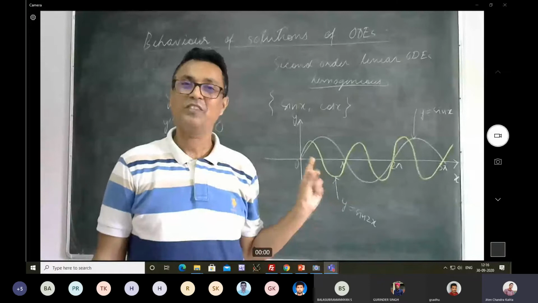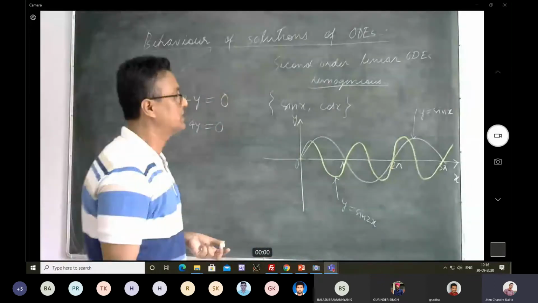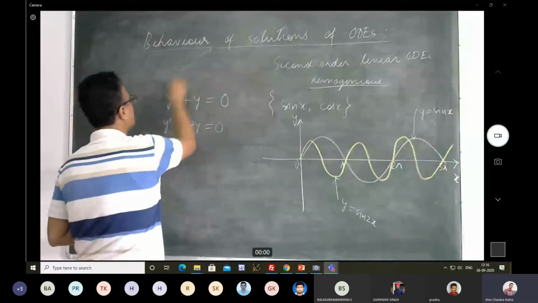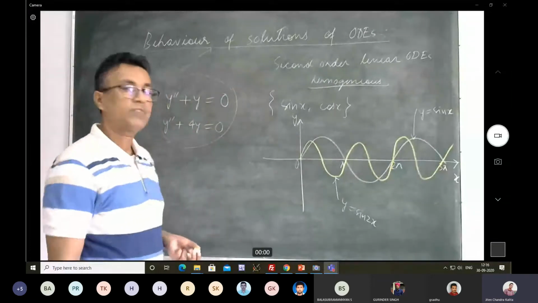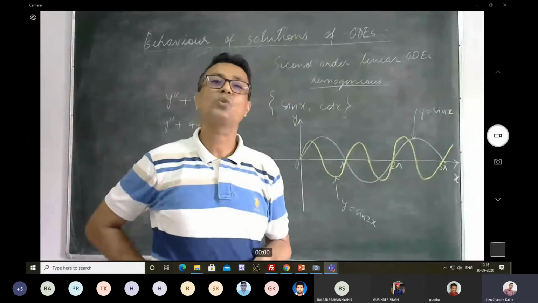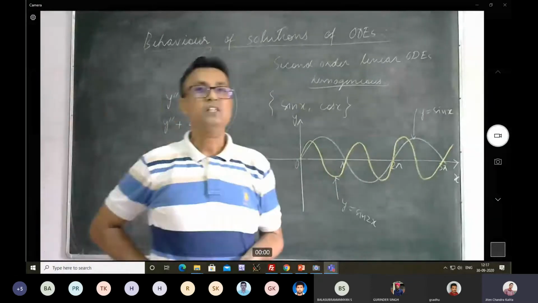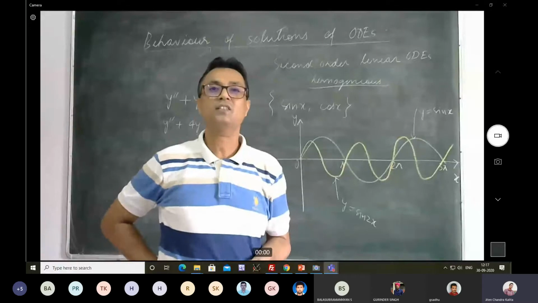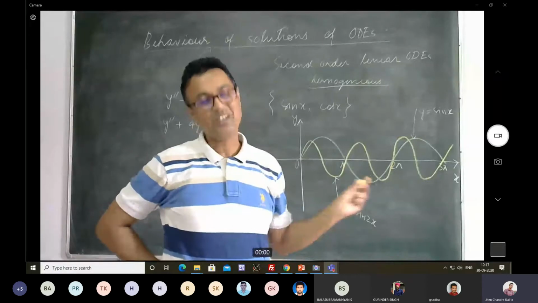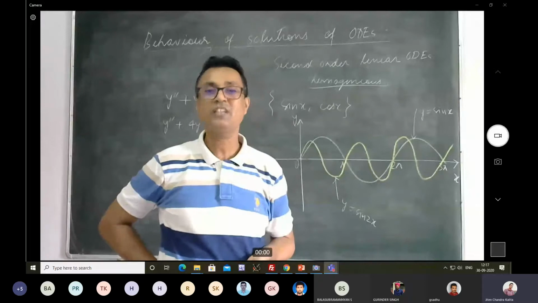Yes, sir. So now you have seen that in both the cases, whenever I take a second order differential equation like that, the solution is oscillating, right? The solution is oscillating means it is crossing the x-axis. In this particular case, it is going to cross the x-axis a finite number of times, right?